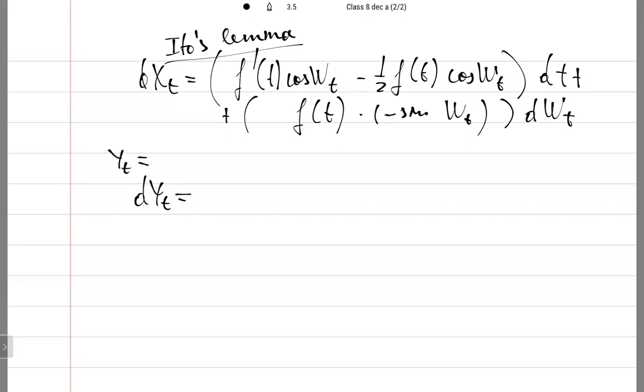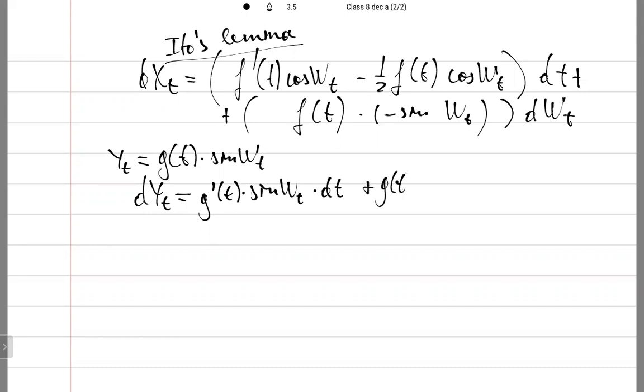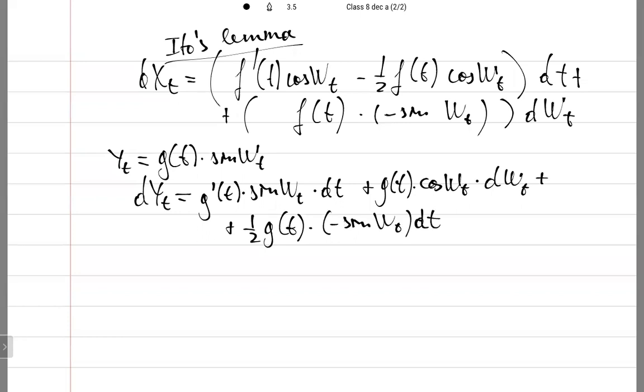I recall that y_t in the proposed solution is g(t) times sine of W_t, and I have g prime times sine of W_t times dt plus g(t) times cosine of W_t times dW_t plus 1/2 g(t) times minus sine W_t times dt, because that guy is just dW_t squared. So basically this is the application of Ito's lemma.